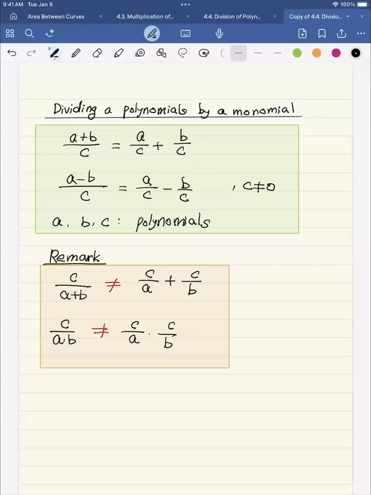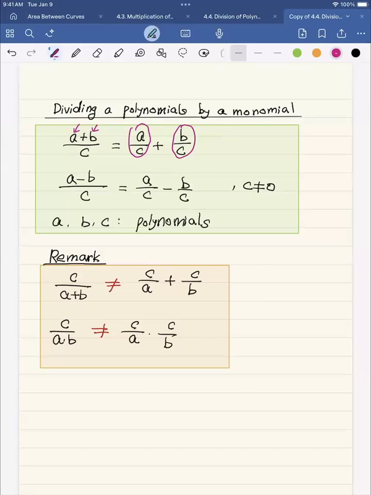Let's review dividing polynomials by a monomial. Let's assume that A, B, and C represent polynomials. Then when two polynomials are added in the numerator, we can separate into two fractions like this.